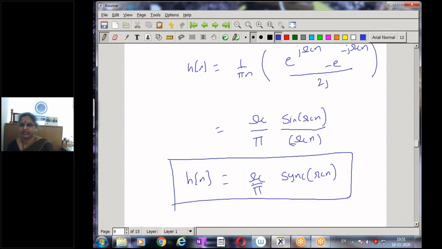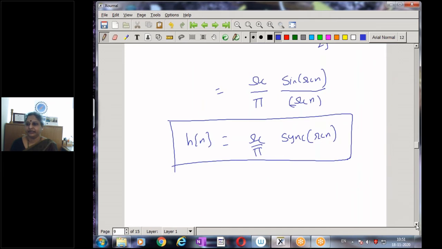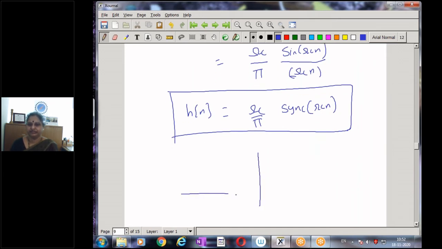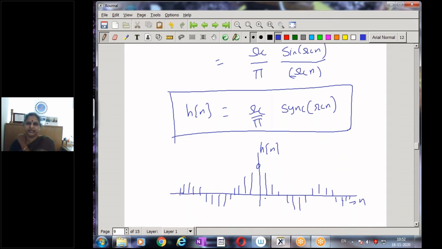So for a low pass filter, by evaluating the integral, we get h of n as omega c by pi sinc omega c n, and depending on omega c we can compute the actual coefficients h of n. And if we try to plot h of n, the sinc function is a sine wave that keeps on reducing in magnitude with increasing n, and so this is what we have: h of n that is of infinite duration.